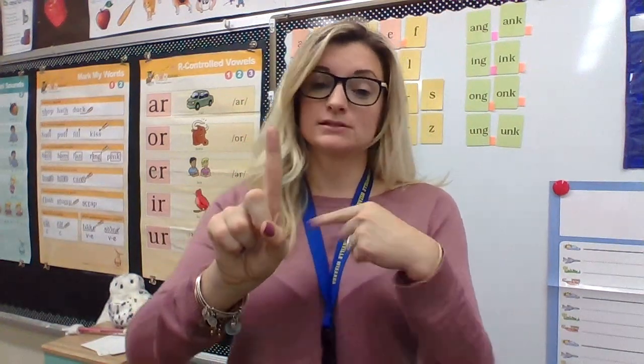All right, so closed syllable. We have 3 rules for closed syllables. Go ahead and show me one finger. Let's review what the first rule is. The first rule is it has to have one vowel. And the way I remember that is because the first rule, number 1, and then I connect it with only one vowel.